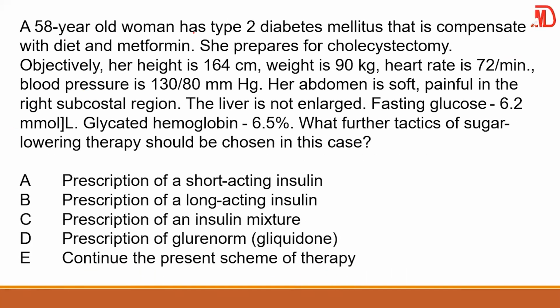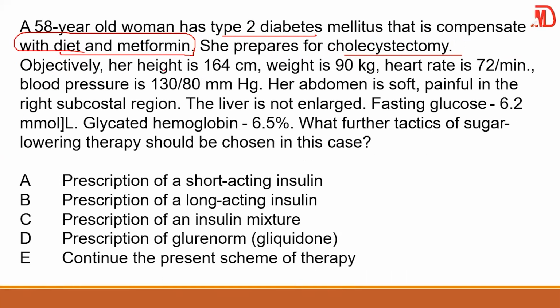A 58-year-old woman has type 2 diabetes that is compensated with diet and metformin. Like you can see, metformin. Why we say type 2, you give metformin. Exactly. Now she prepares for cholecystectomy. That means you want to remove the gallbladder.